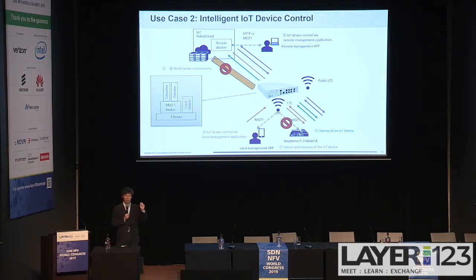We can control the device from the cloud. No matter if the WAN link is up or down, all the status and all the service orders will be buffered. And as long as the WAN link is connected again, the service orders will be downloaded to the IoT device automatically. I think that's what I can share with you today.